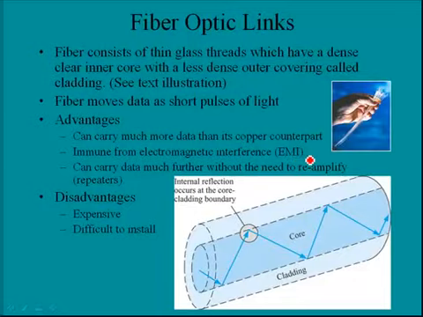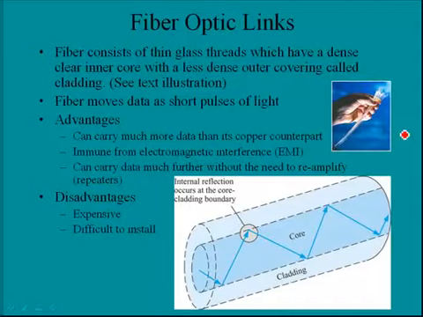Now, EMI is the big enemy of copper, because when you're moving data through a copper line, and that wire passes through an area where there's, for example, high voltages or magnetic fields, that data is subject to being corrupted.